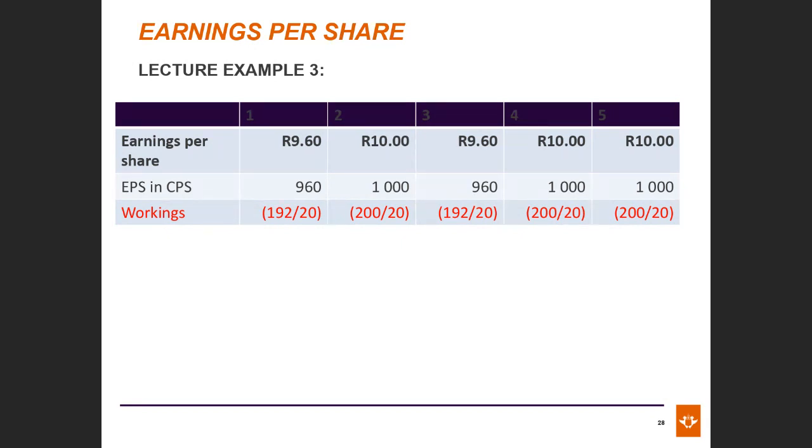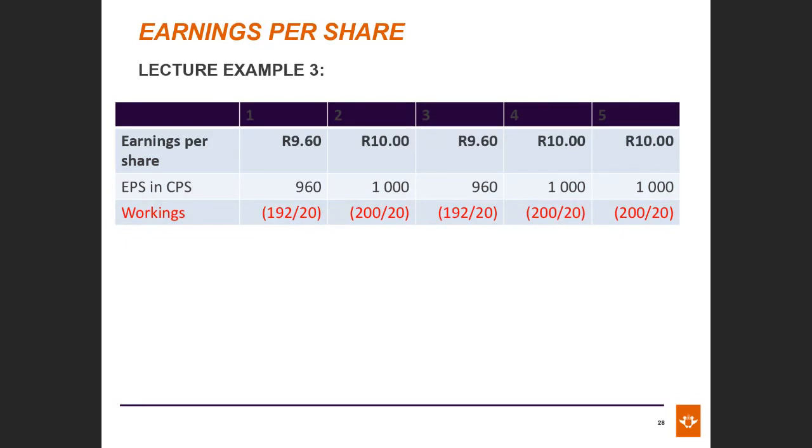Then in the second scenario, because the preference dividend wasn't deducted, the 200,000 Rand profit becomes your basic earnings, and this was divided by the 20,000 ordinary shares in issue, and that gives us earnings per share of 10 Rand per share.